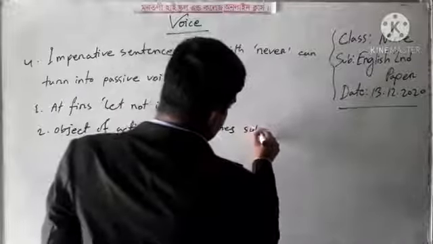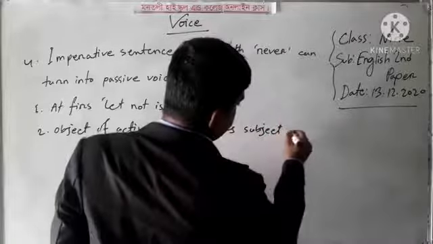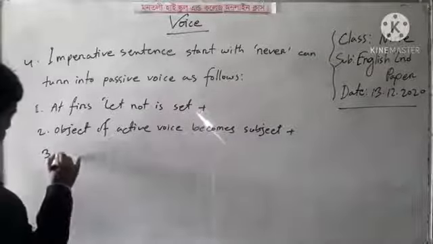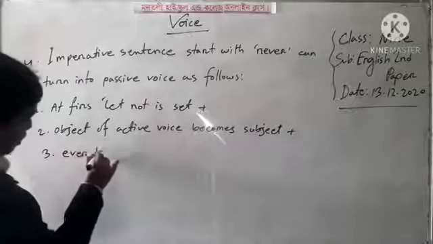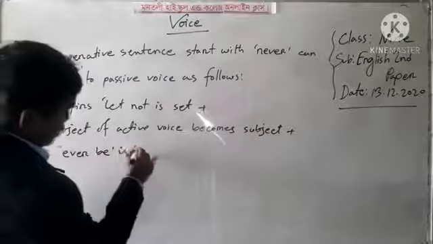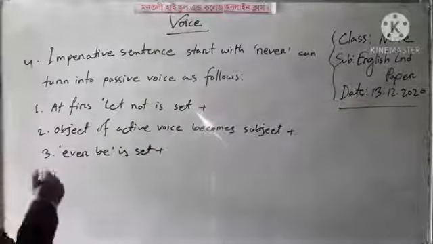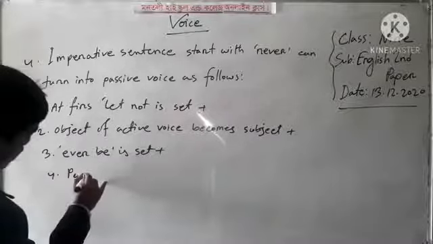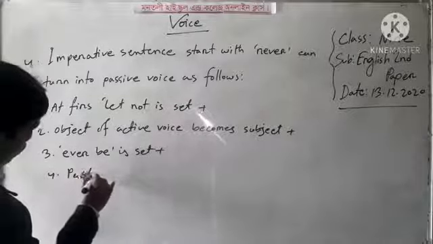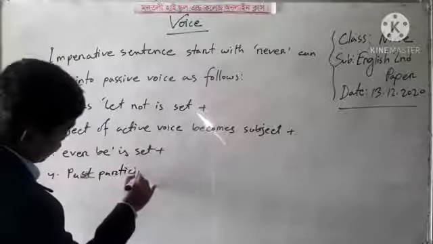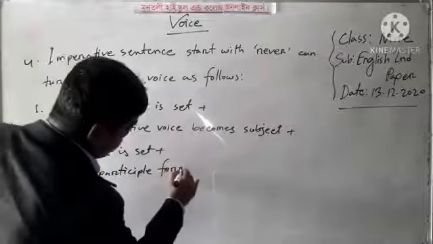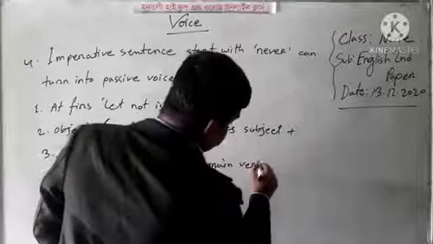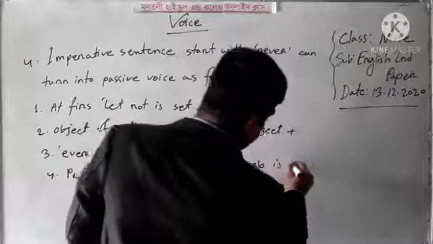The object becomes the subject, plus then be is set, then verb is set, then the past participle form of the main verb is set.